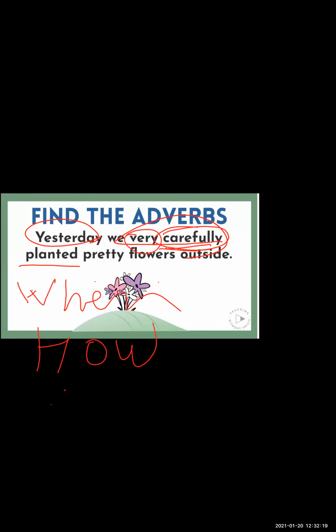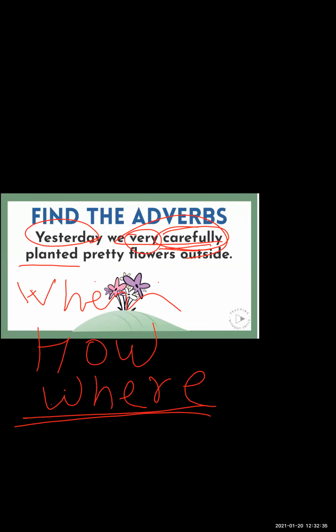Now, the third question I'm going to ask about this sentence is where. Where have I planted the tree? What will be the answer? Outside. Very good. So, what adverb do we have? Outside.